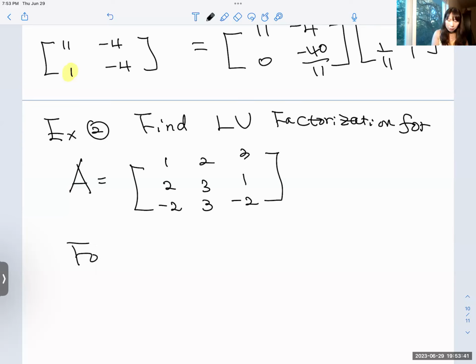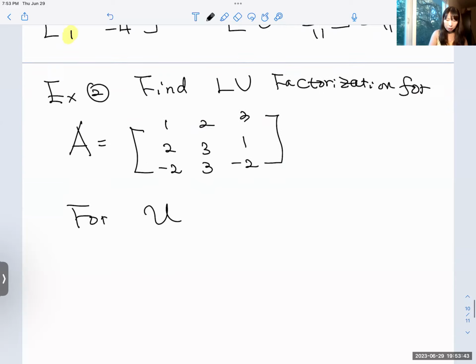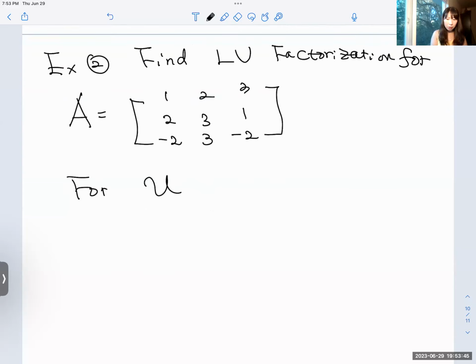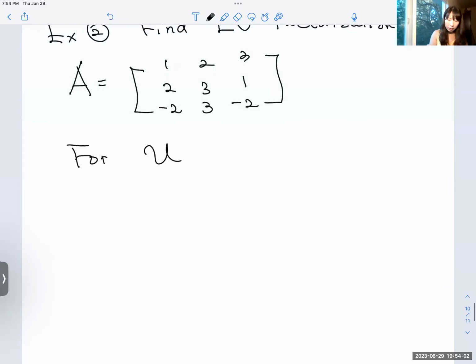We want to find U. So upper: we are making 0 here, 0 there, 0 there. I have a habit of doing RREF, but it's not that. We want to make a 0 here. How?